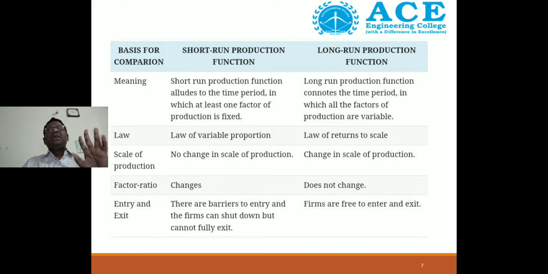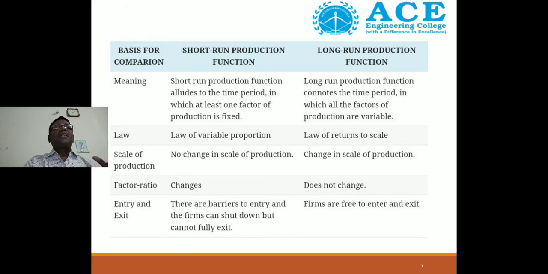What are they? Land, labor, capital, organization. So in the short run production, land is fixed, capital is fixed, organization is fixed, only labor is changed. That is, only one factor is changed in the short run production function. Why? Because the employer can add additional laborers in a short span of time.